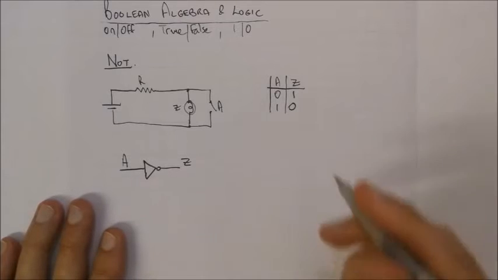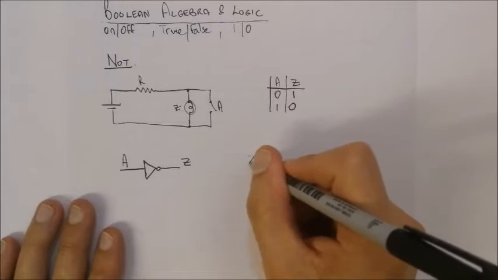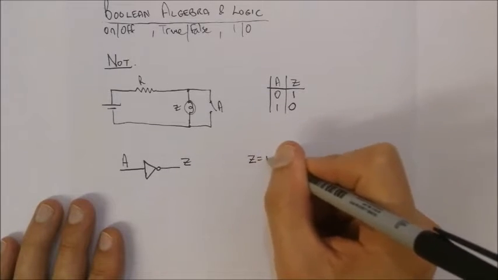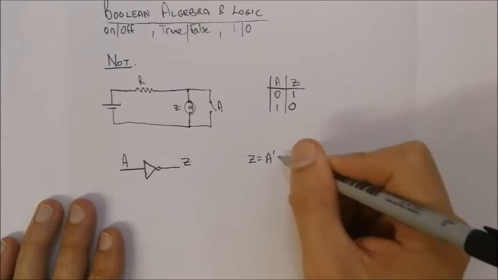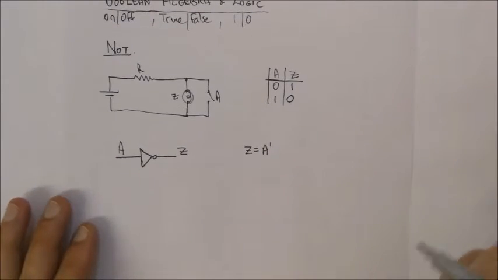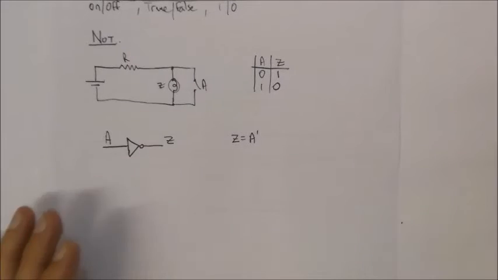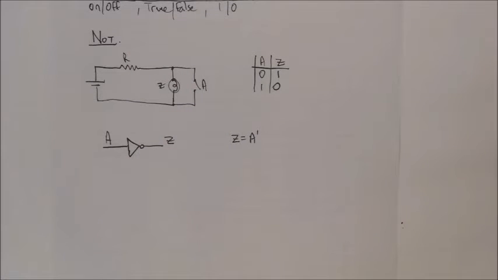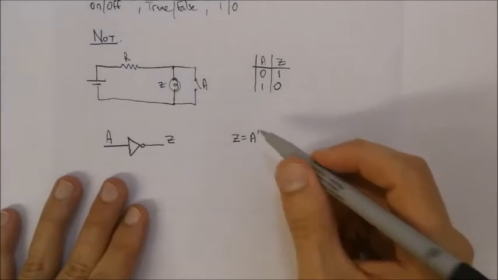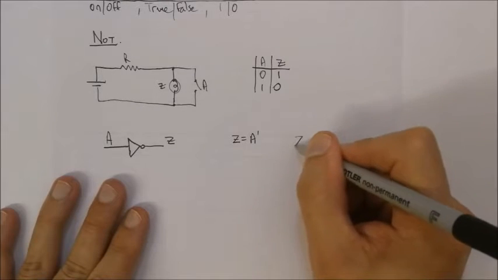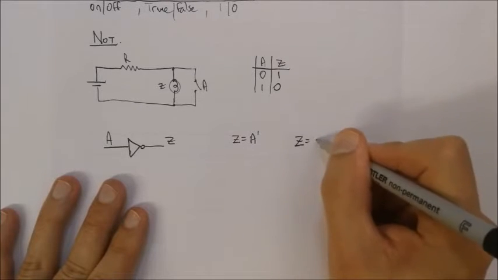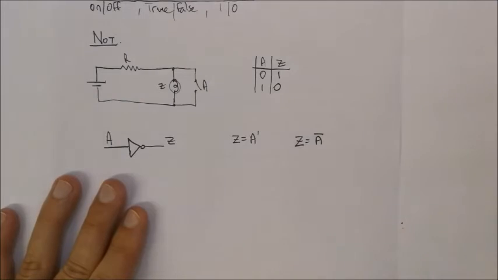The expression is often referred to as Z is equal to A NOT, and that's given with a little apostrophe. Now there are some textbooks out there and some systems that would say that you can also write Z is equal to A and then a bar over it. And I'm going to advise you not to use that notation.